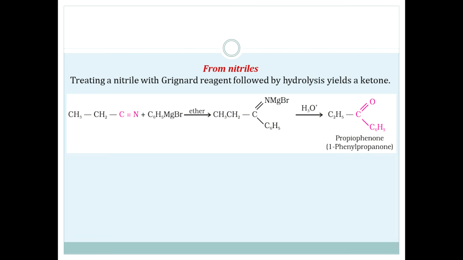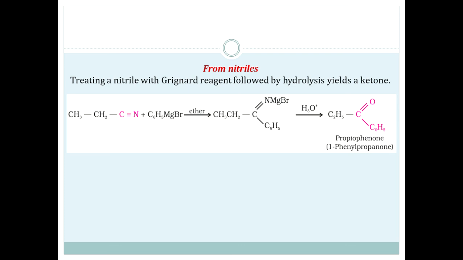Next, the preparation of ketones from nitriles. Treating a nitrile with Grignard reagent followed by hydrolysis yields a ketone. When nitrile is reacted with Grignard reagent, it produces an intermediate.